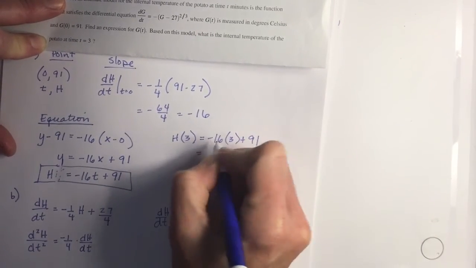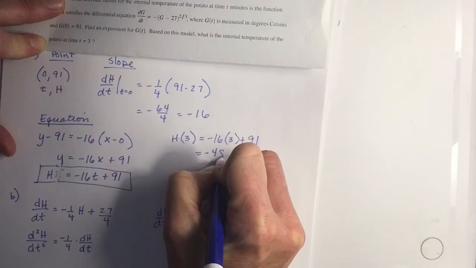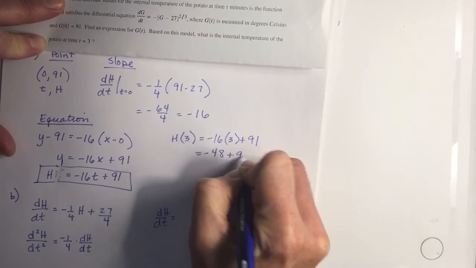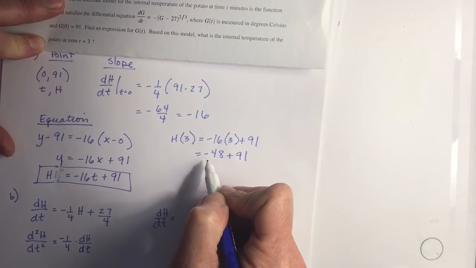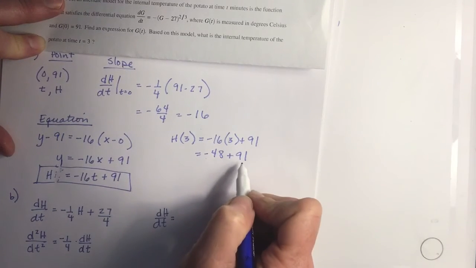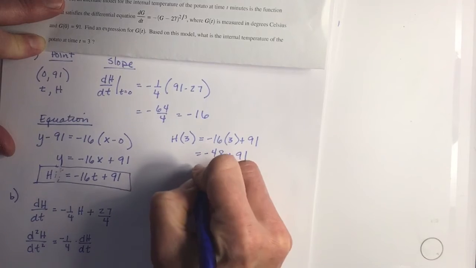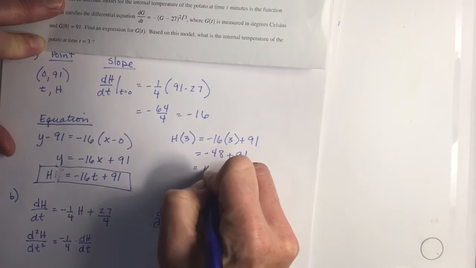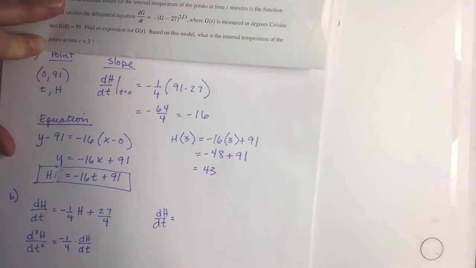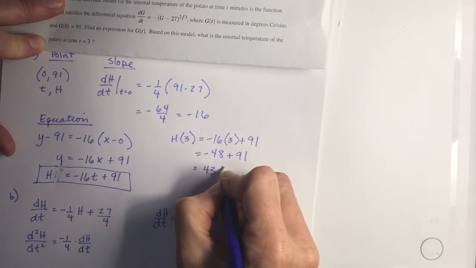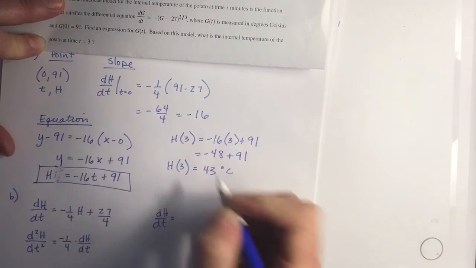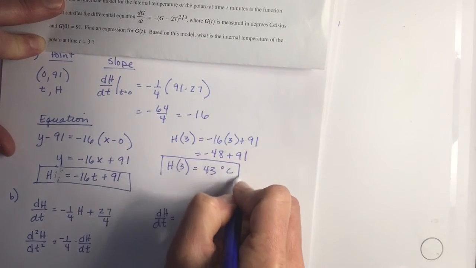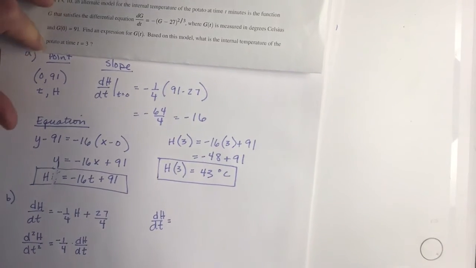That would be negative 48 plus 91, so 90 minus 50 is 40, plus 3, so I would say a positive 43. That is going to be degrees Celsius, h of 3.